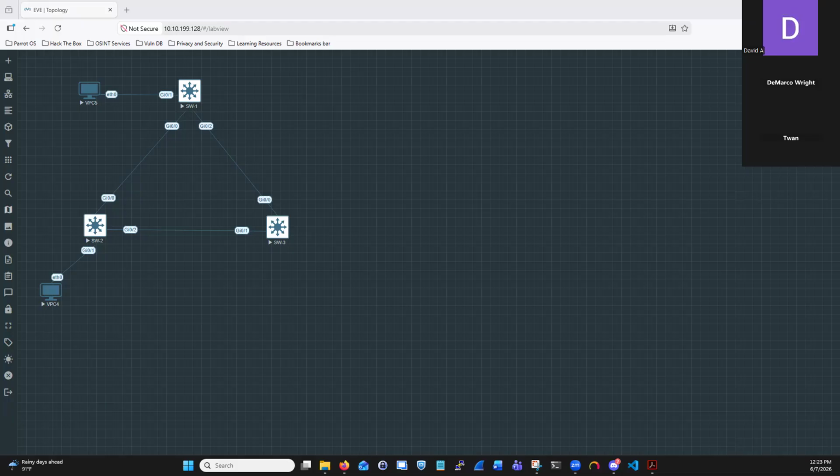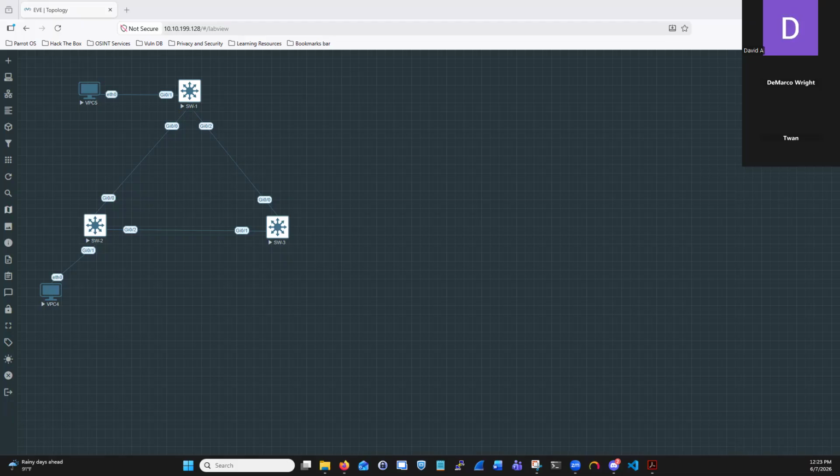Just like I showed you guys earlier, from a high level, spanning tree places each switch port in 1 of 2 states, a forwarding state or a blocking state, right? Interfaces with a forwarding state act normal. They forward and receive frames.